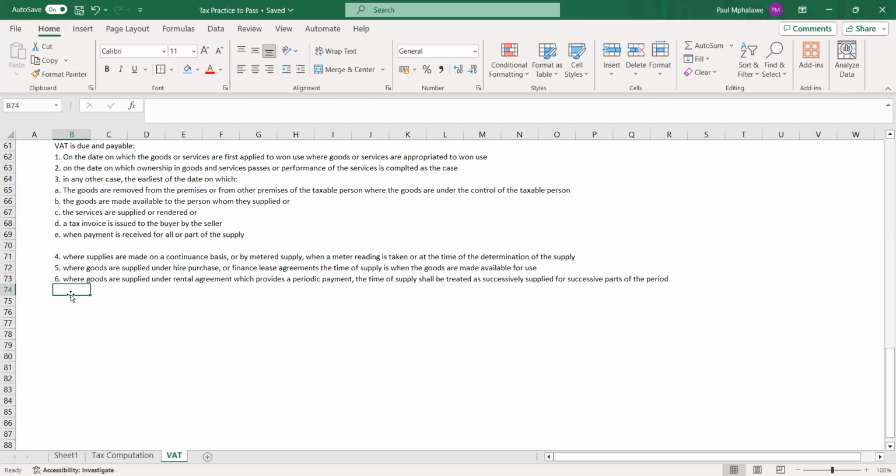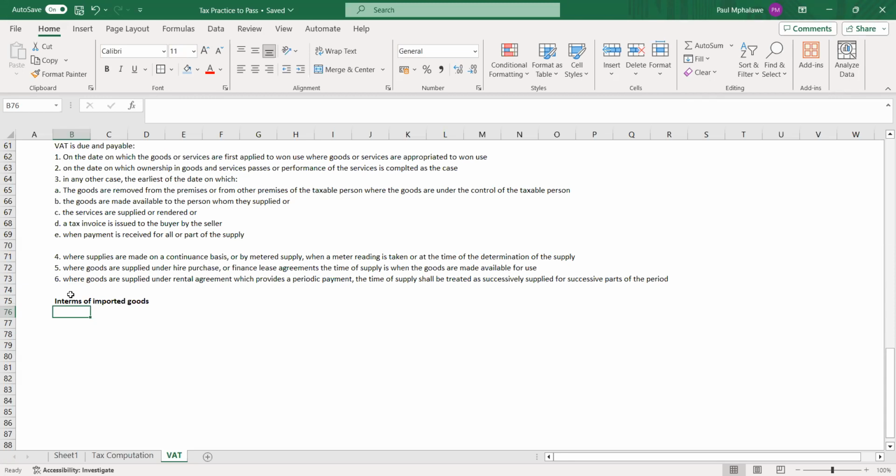In terms of imported goods, how is VAT calculated? Okay.